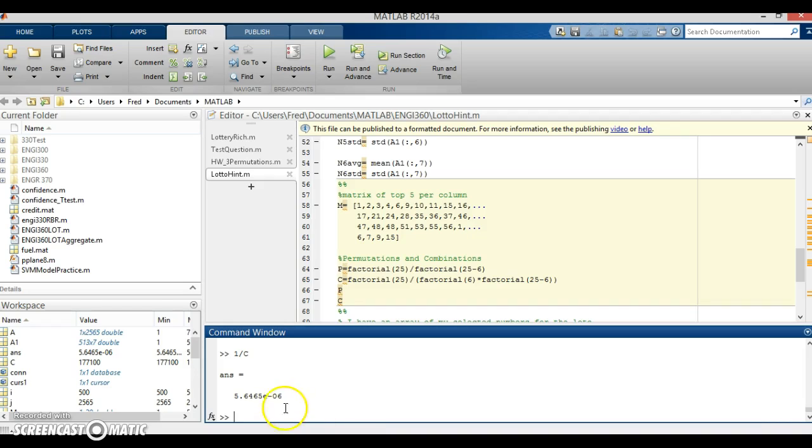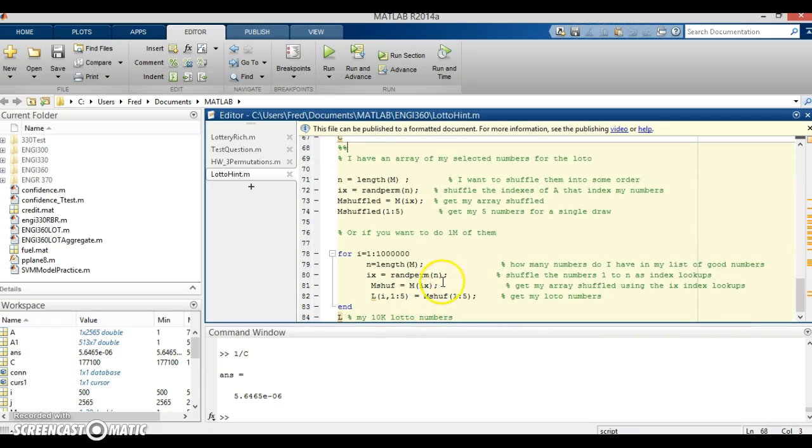That would be our percentage for total, and this would be our probability of achieving or guessing correctly on the lottery.